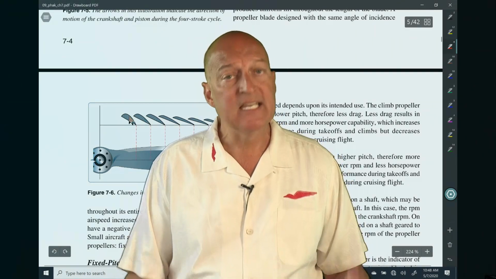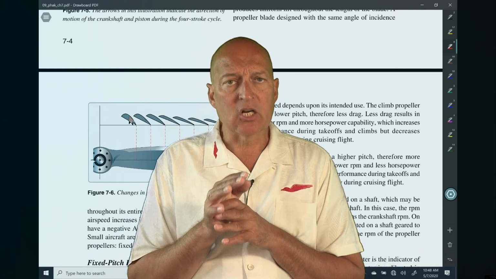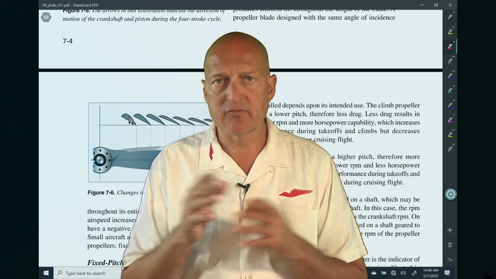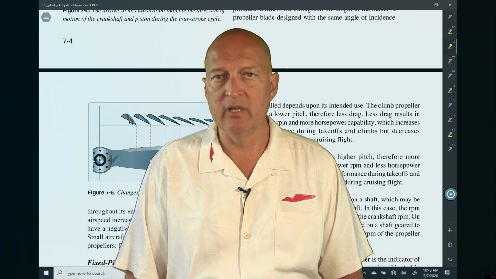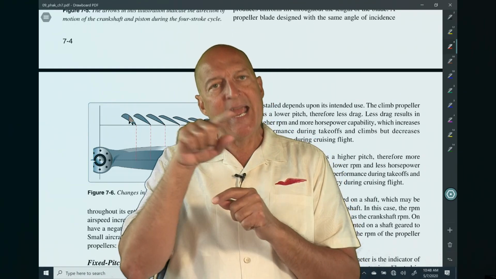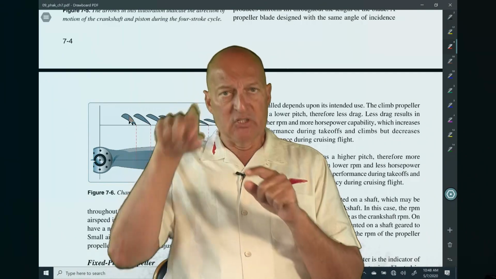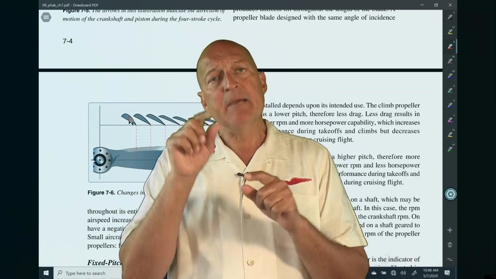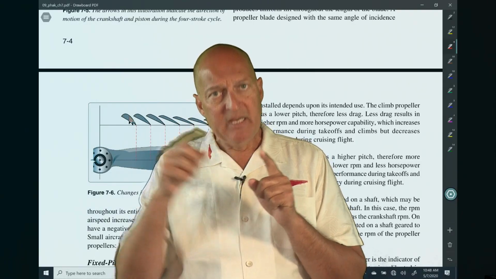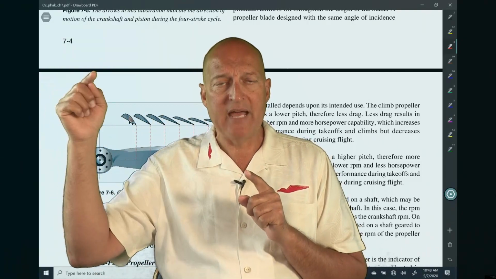Why is that? Well, if you think about a propeller's job, remember a propeller is basically a spinning wing. It's a spinning airfoil. That's what a propeller is. And as that moves around, there's going to be some torque applied to that propeller. It moves slower at the hub than it does way out at the tip.